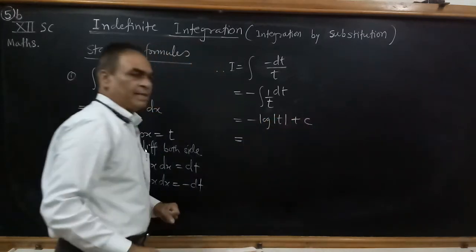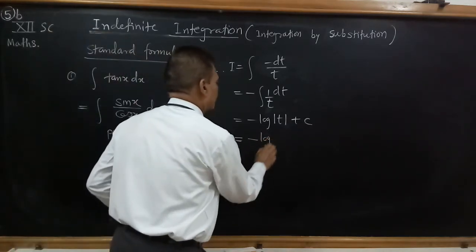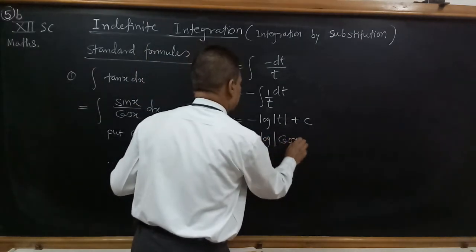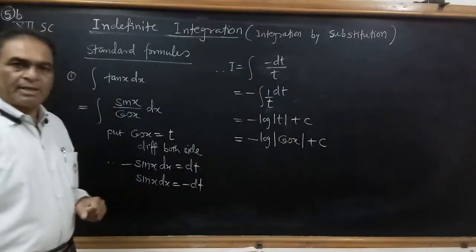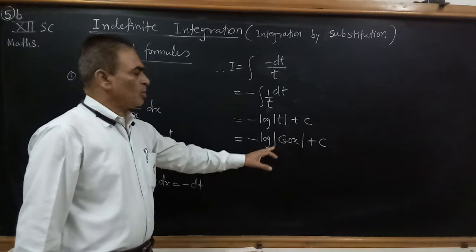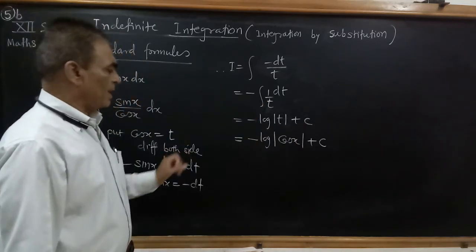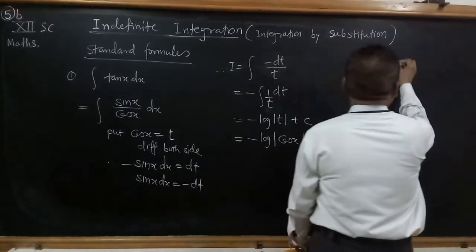Resubstitute the value of t, you will get minus log of mod of, what is the value of t? t is nothing but cos x, plus some constant of integration. Minus log of mod of cos x plus c. This is one of the formulas for integration of tan x dx.